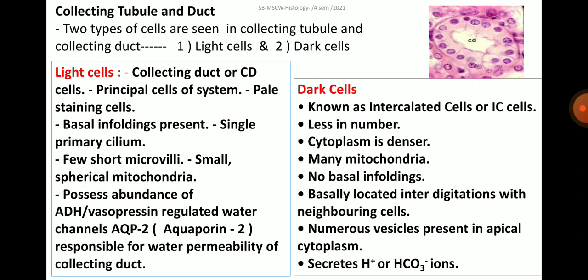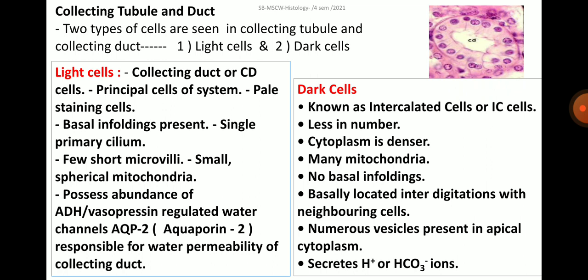There are two types of cells seen in collecting tubules and collecting duct. These are called the light cells and the dark cells. The light cells are also called collecting duct cells, CD cells, also known as principal cells of the system, which are pale staining, and they have basal enfoldings and also a single primary cilium.